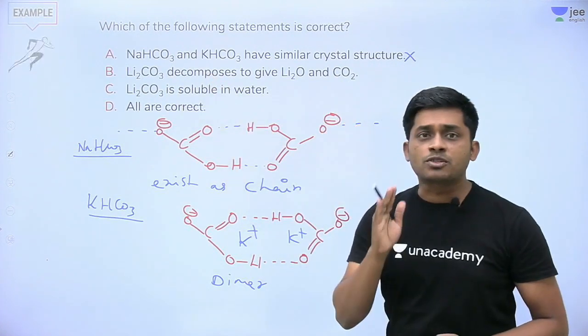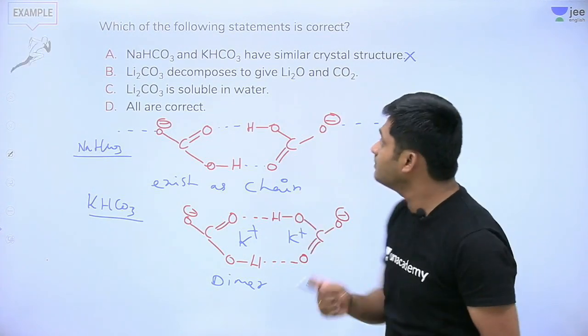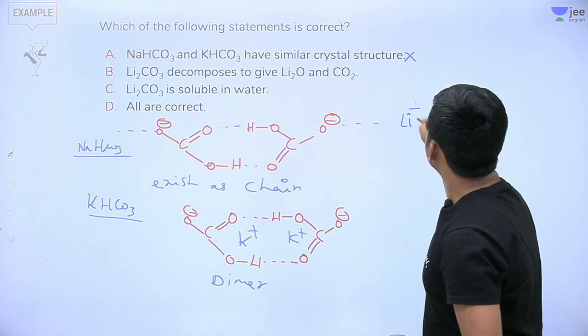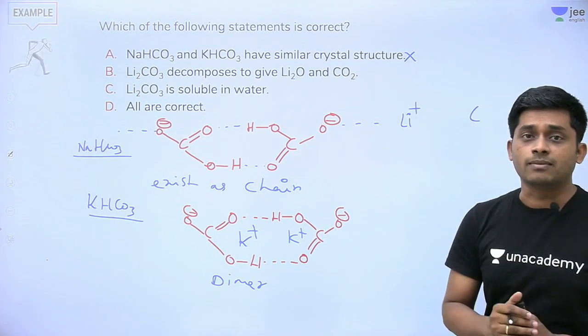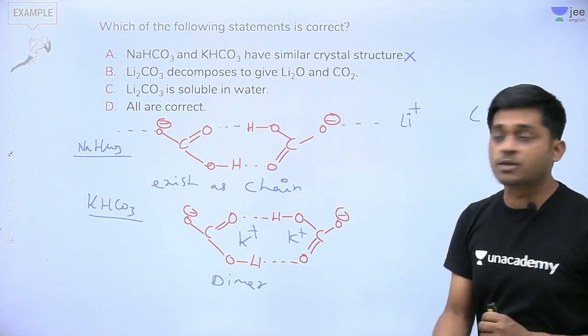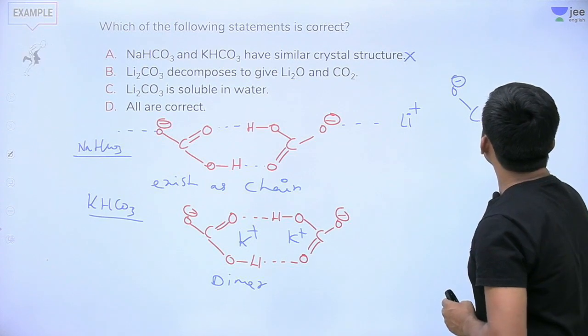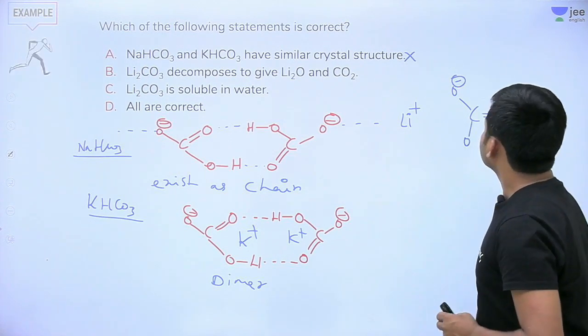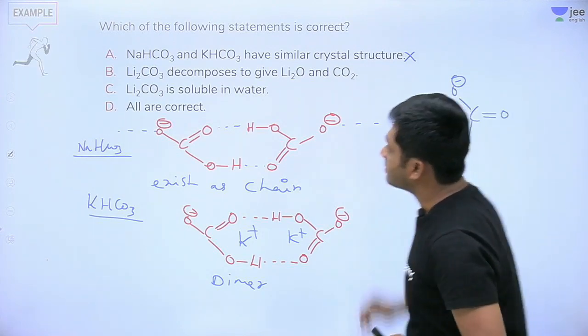Li2CO3 decomposes to give Li2O and CO2. What is the reason? Li plus has strong polarizing power. Polarizing power is maximum in this group. So what will happen here? CO3 2 minus will polarize.